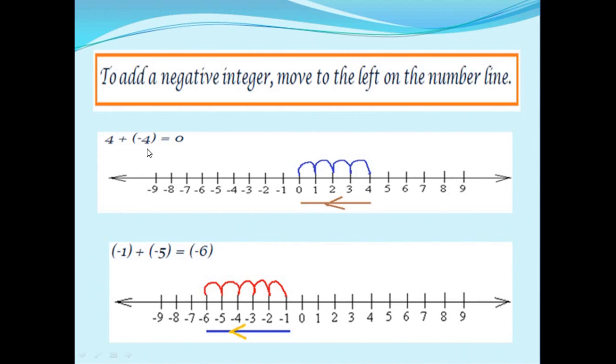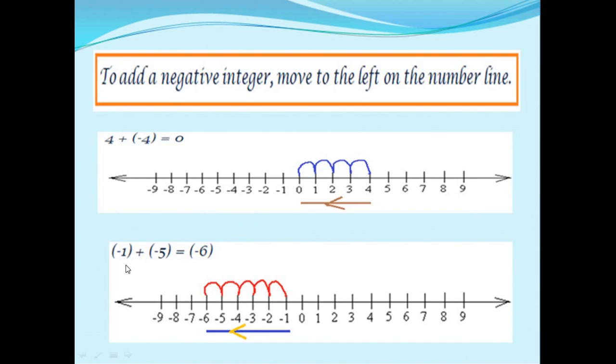We are going to add negative 4 with the positive integer 4. Let's start from 4. We are going to consider only the magnitude of negative 4. It is 4 units. So, we have to move 4 units to the left on the number line and we reach at 0. So, the answer is 0.